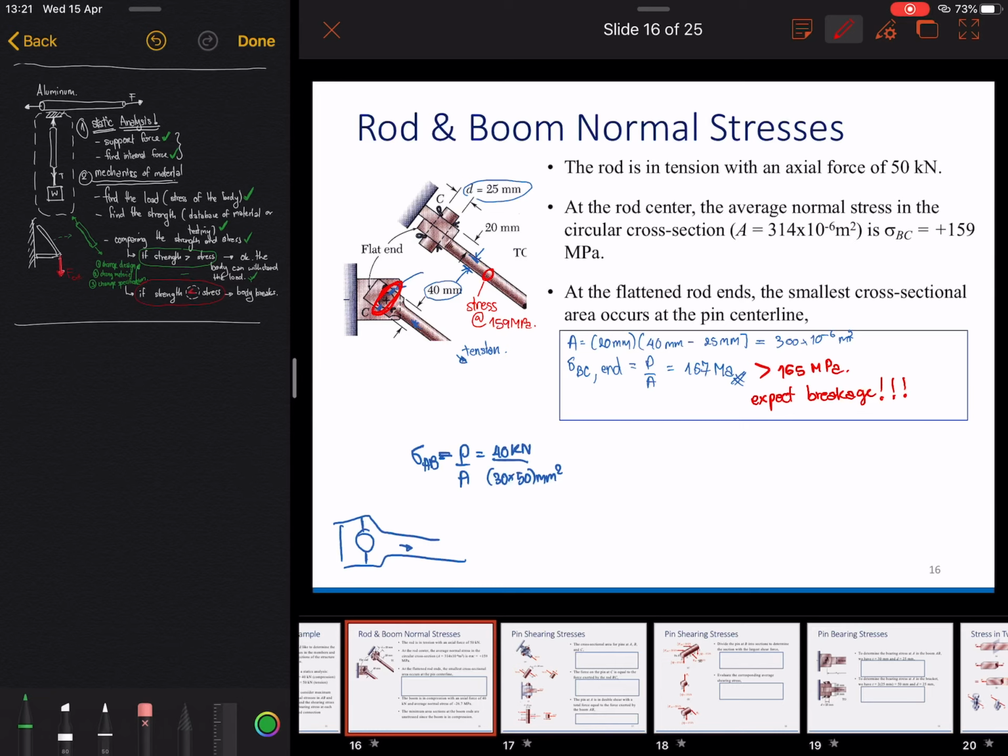Okay, so this is just if we assume that every component is steel of 165 megapascal strength, right? Then we expect this to break on this hotspot.